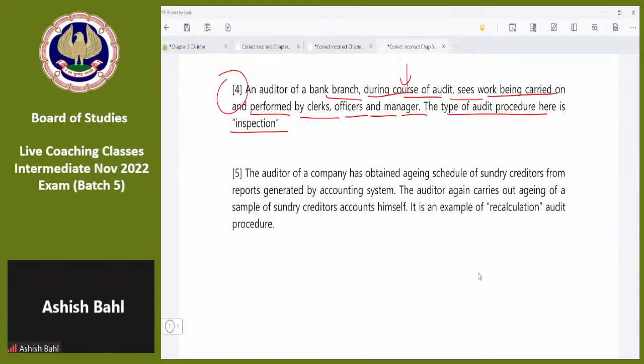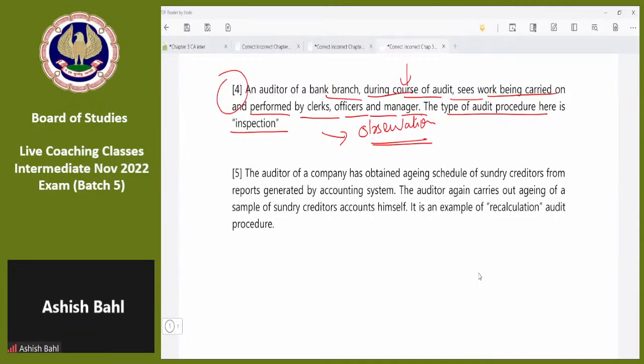Hitesh, Sudhanshu, Hiral, Ayush, yes. Almost every one of you has answered it correctly. It is observation. He is observing the work of somebody. He has not just inspected the premises, he is observing work being performed by others.